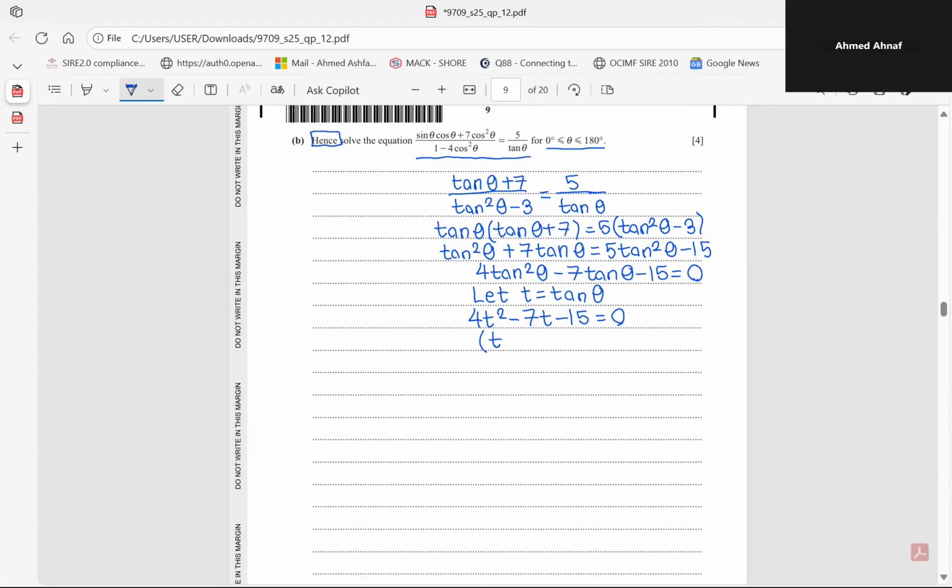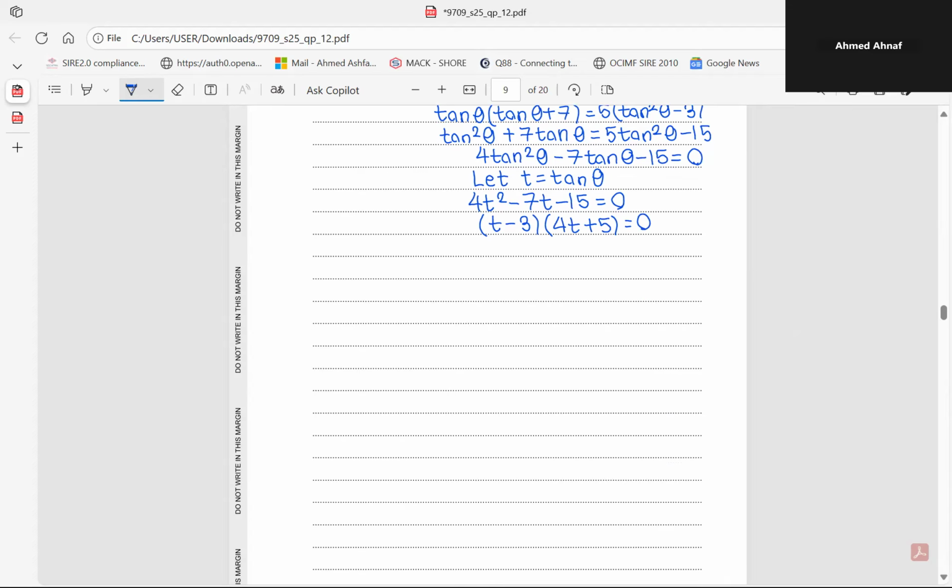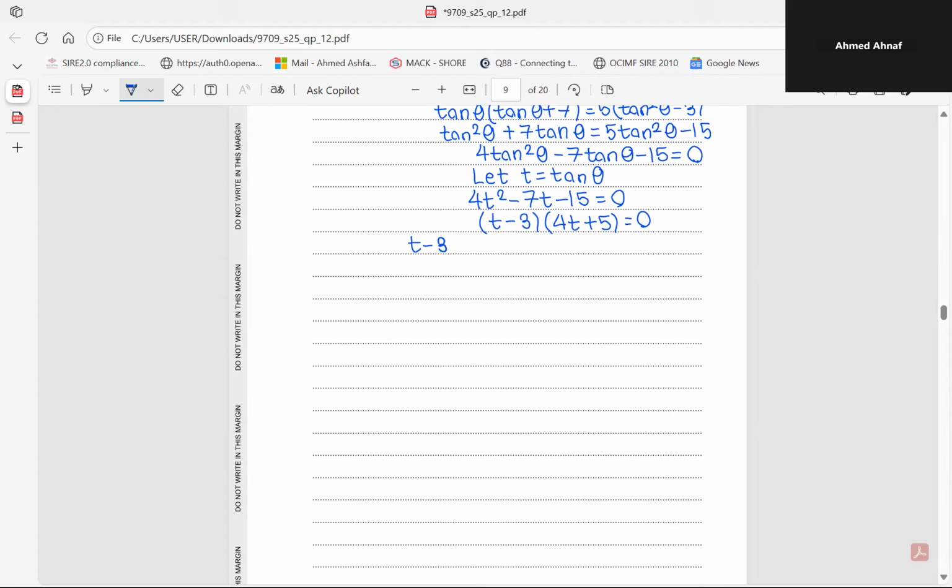So I got t minus 3 and 4t plus 5 equals to 0. In t minus 3, let's equate it to 0, so we'll get t equals to 3. And the next factor, also equated to 0: 4t plus 5 equals to 0, and 4t would be minus 5, and t would be minus 5 over 4.